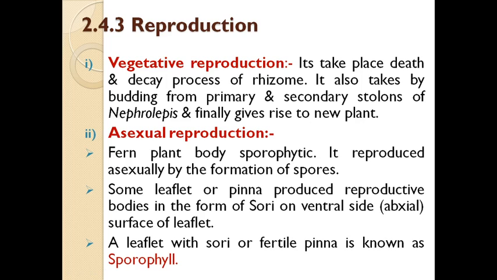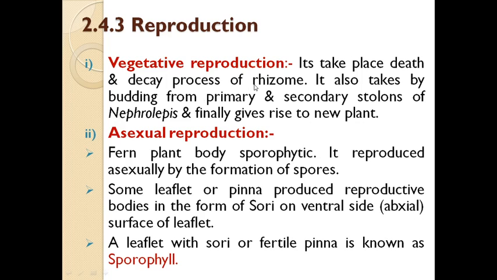When the older part of the rhizome undergoes death and decay, fragmentation of the rhizome takes place, and each fragment develops into a new rhizome. So it takes place by the death and decaying process of the rhizome.